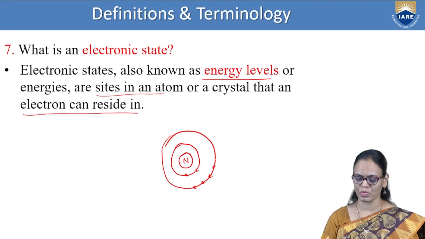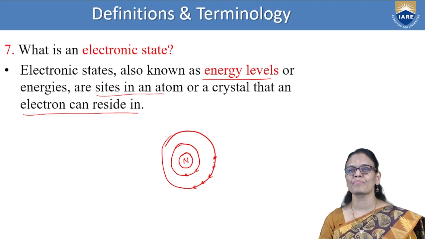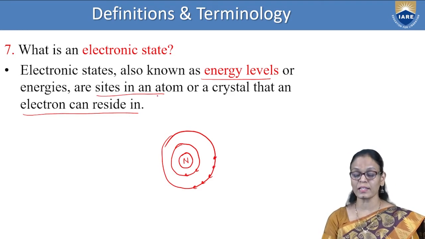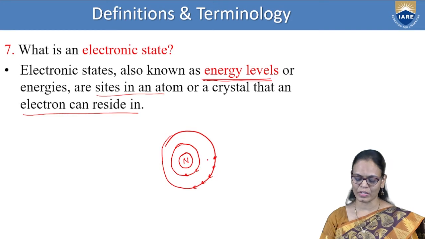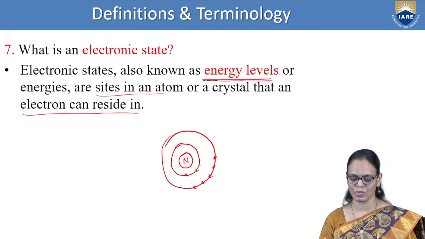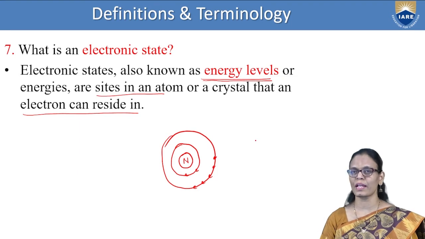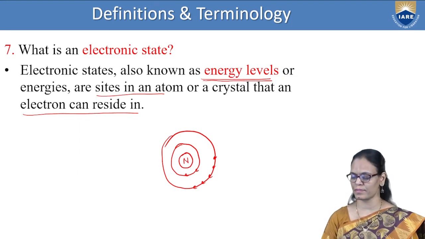So there may be 2 or more electrons. So the sites in an atom where the electrons reside, you call them energy levels. So the first orbit, second orbit and so on. So they exist in definite states.